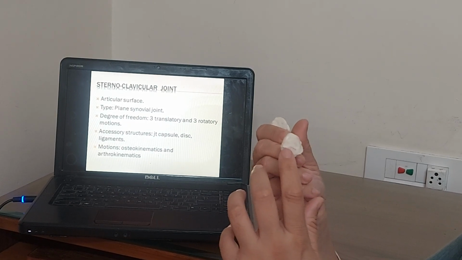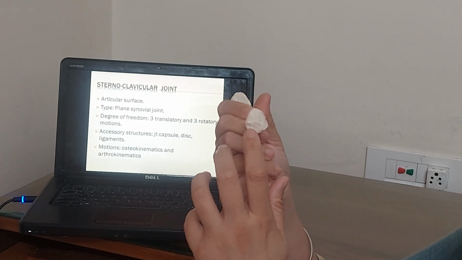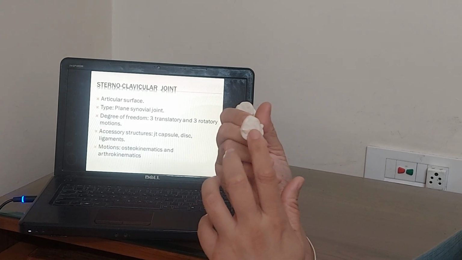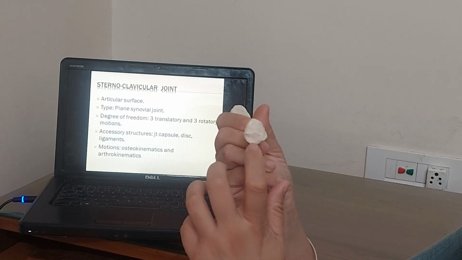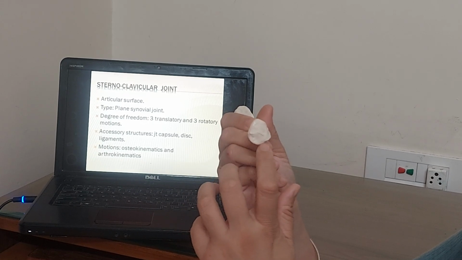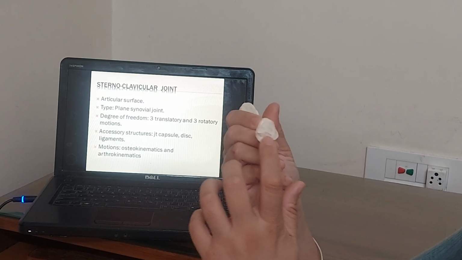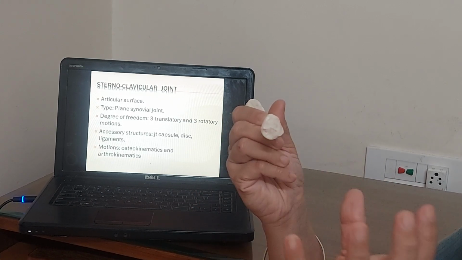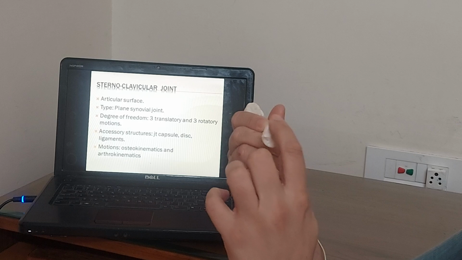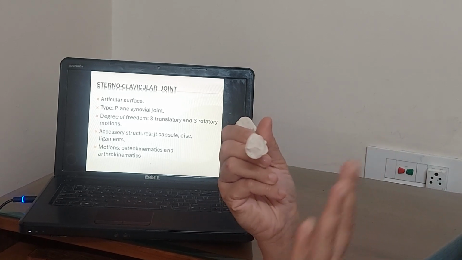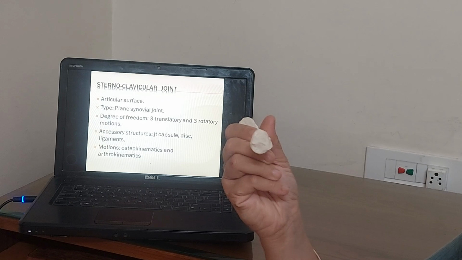I wanted to show you that this surface is concave and convex, but in a minimal form. Only the anteroinferior portion is attached to the manubrium sterni. The superior posterior portion is actually free. It is not attached to the manubrium sterni.